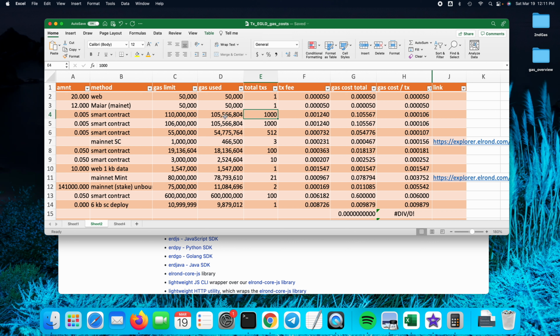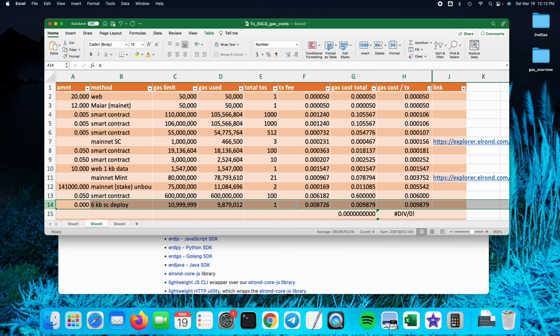I don't think that you're going to get much more than about 5,000 transactions out of one smart contract call, because you will be at your max gas limit at that point. So that's the breakdown of the most expensive transactions. And as you can see, the most expensive single transaction is when you deploy your smart contract.